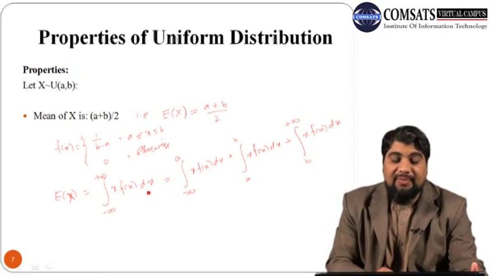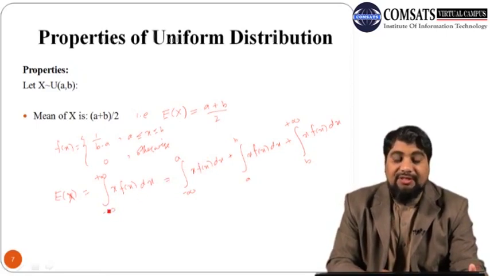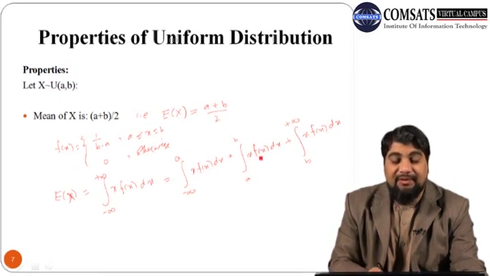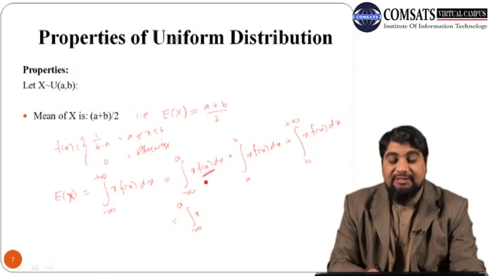So I have subdivided the full range into three integrals. Now in the next step, write the first integral as it is, and then x, and then the value of the function f of x.